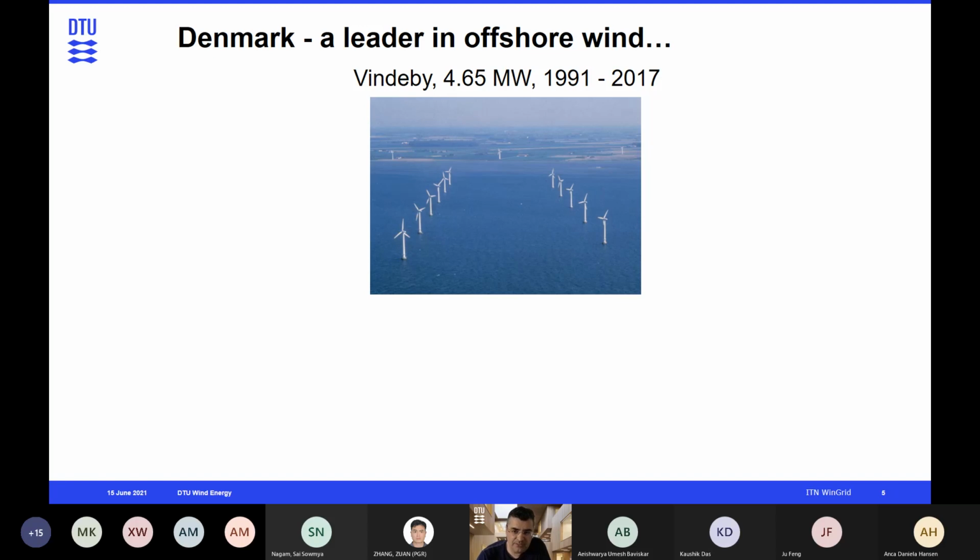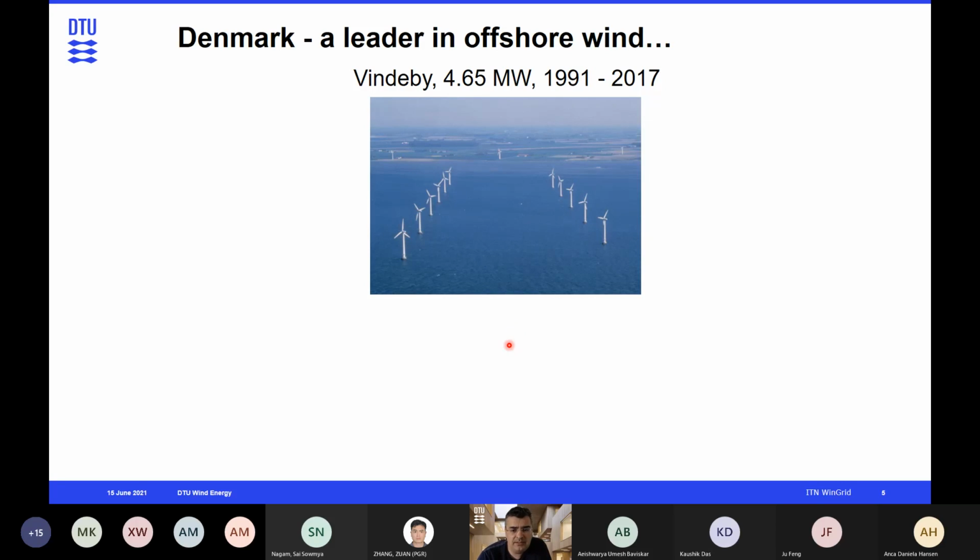But it was built already in 1991. It was even decommissioned in 2017. So it has reached its lifetime, and it had a total installed capacity of 5 megawatts, using 11 wind turbines to reach this capacity.